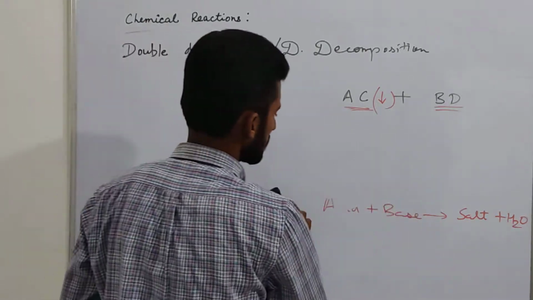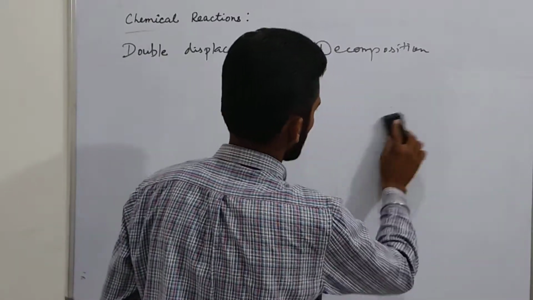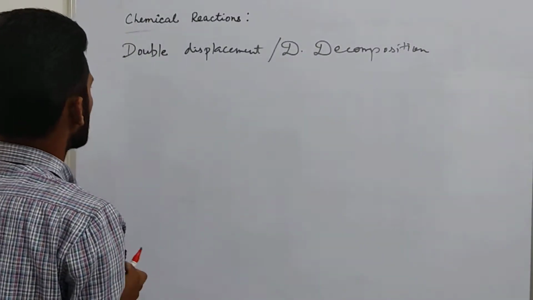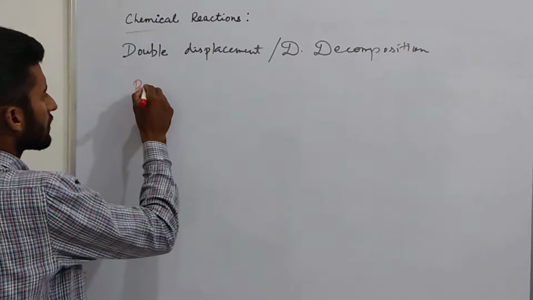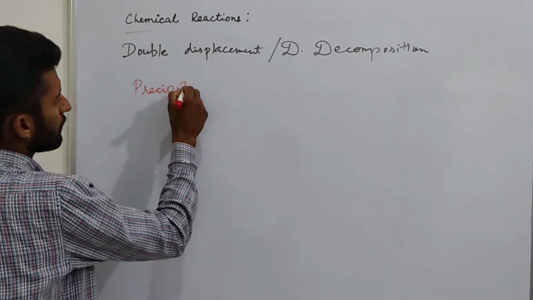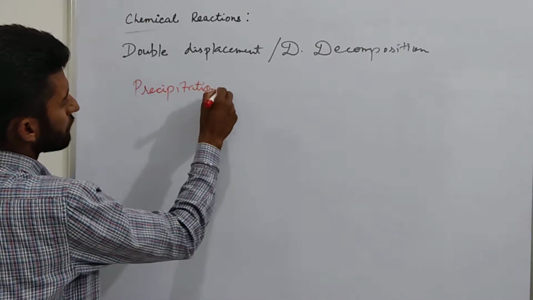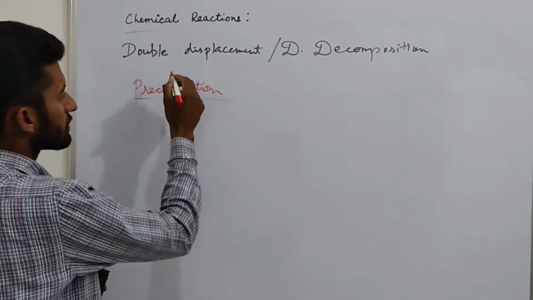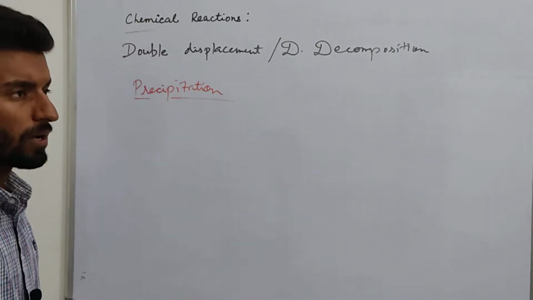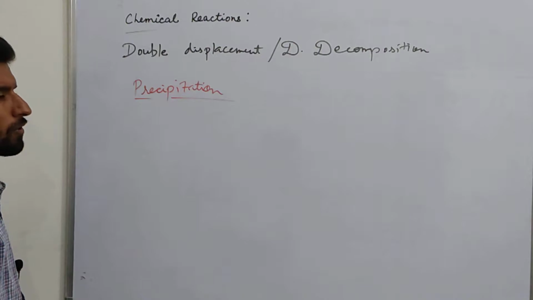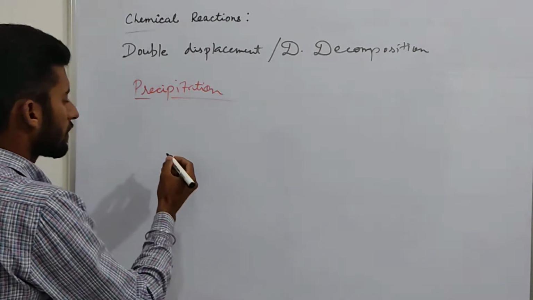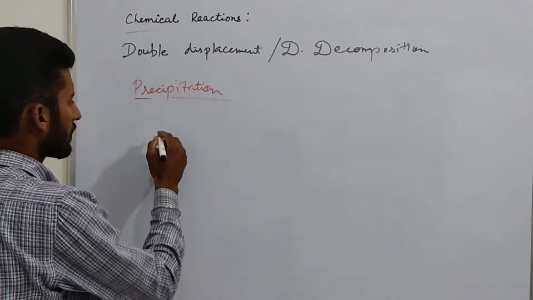So first one is precipitation. As the name indicates, it is a type of reaction in which a precipitate is formed. Precipitate, as I said earlier, is an insoluble mass or insoluble form of a substance that remains as such in the given solution.